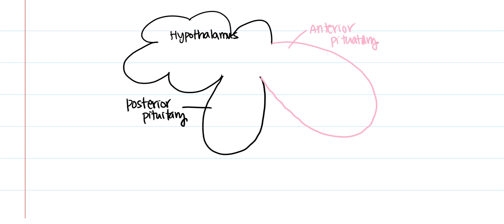So, because of that, the hypothalamus and the posterior pituitary share common tissue, but the hypothalamus and the anterior pituitary do not share common tissue. This is why I drew it in a different color, because I want you to understand that the hypothalamus extends over to the posterior pituitary, but it does not to the anterior pituitary.